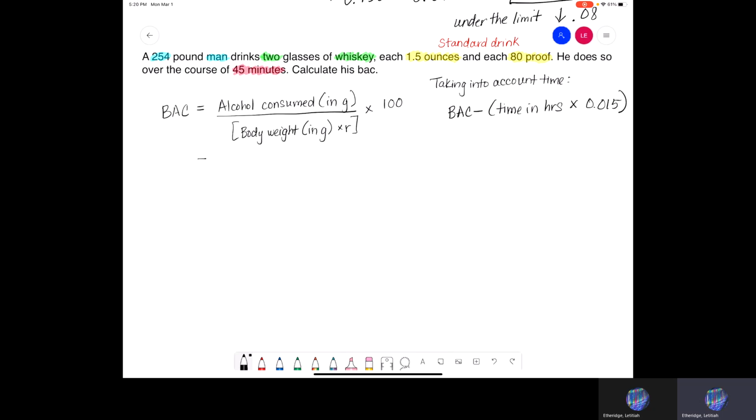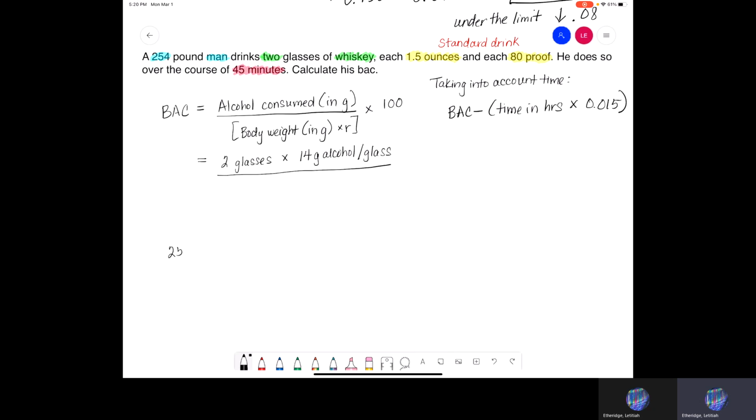We have my man who had 2 glasses of whiskey. So essentially, if he had 2 glasses of whiskey and they were all a standard pour, so that is 2 glasses, I'm going to leave out the whiskey part, times standard drink, that's 14 grams of alcohol per glass of whiskey, divided by my man's body weight.